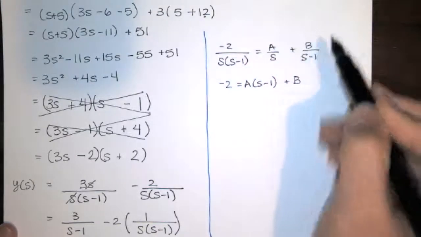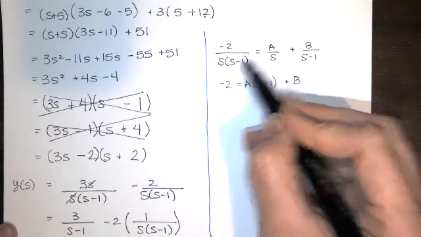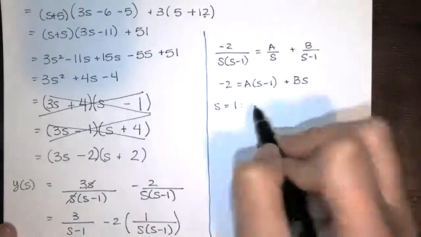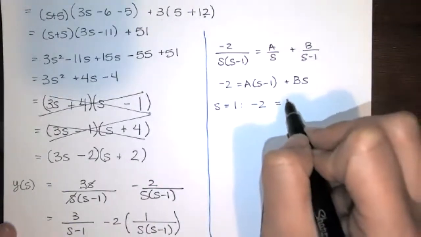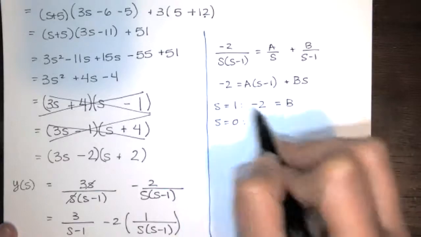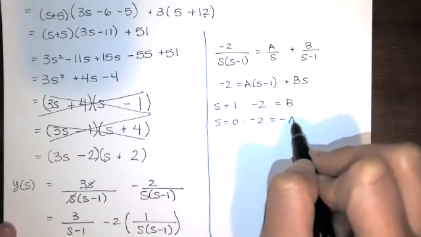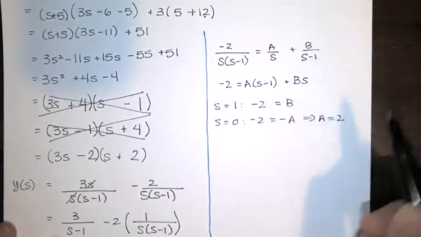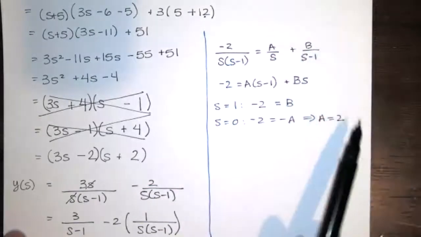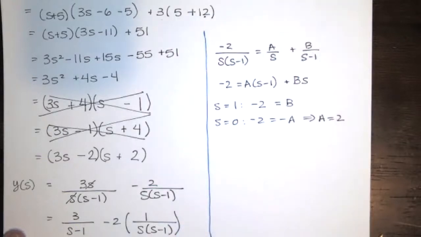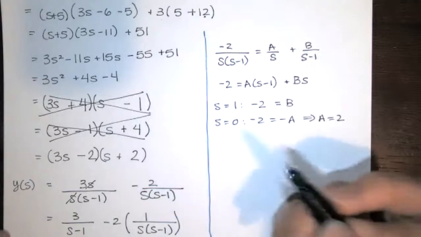If I take this expression and multiply by this, the s minus 1's will cancel and I'll have b times s. If s equals 1, we have negative 2 equals b. And if s equals 0, we'll have negative 2 equals negative 1 times a, so a equals positive 2. So that means this sum of two fractions is actually 2 over s minus 2 over s minus 1.